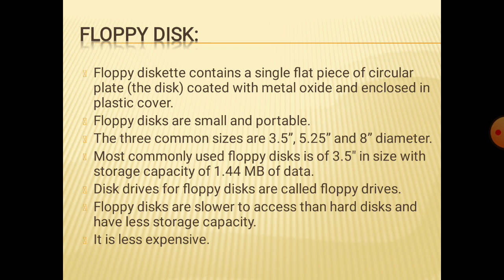The disk is coated with metal oxide and enclosed in a plastic cover, so that it does not easily come in contact with dust and oily particles. If the disk comes in contact with any of these materials, then the data stored on the disk may be deleted or erased. For security, we coat the disk with metal oxide and enclose it within a plastic cover. Floppy disks are small and portable.